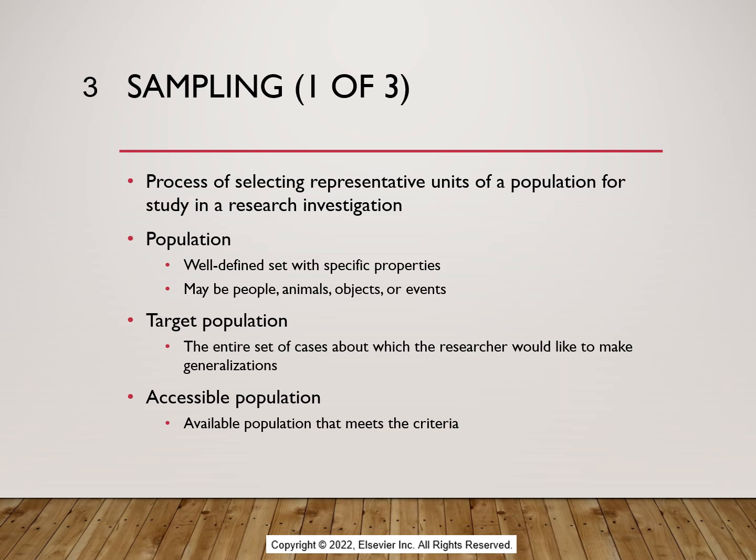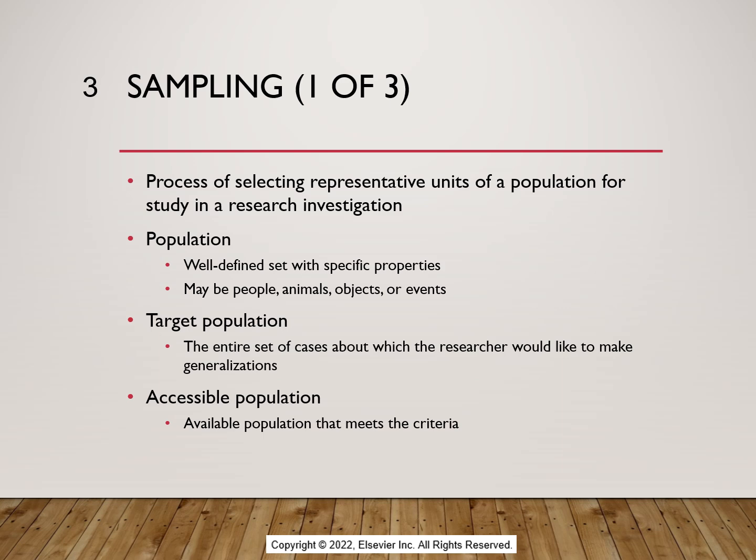This slide just shows that sampling is the process of selecting representative units of a population and gives some broad definitions of some of the terminology that you'll be seeing as you read through your research articles.